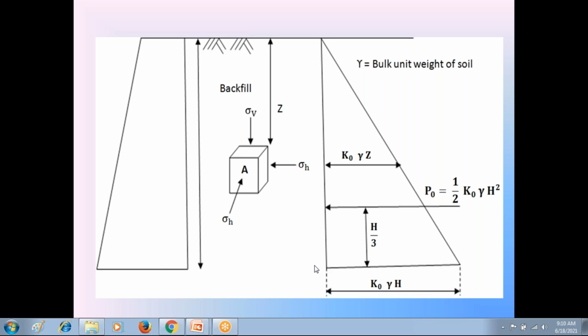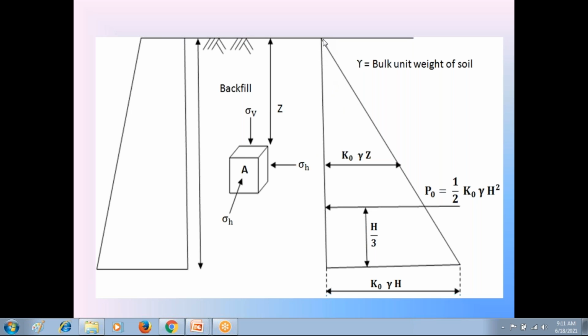Whereas at the bottom of the retaining wall, H is the height of the retaining wall, thus sigma H is equal to K naught into gamma into H, that is K naught gamma H. This is the magnitude of lateral earth pressure acting on the retaining wall at the bottom of the retaining wall. So the distribution is a triangular distribution.